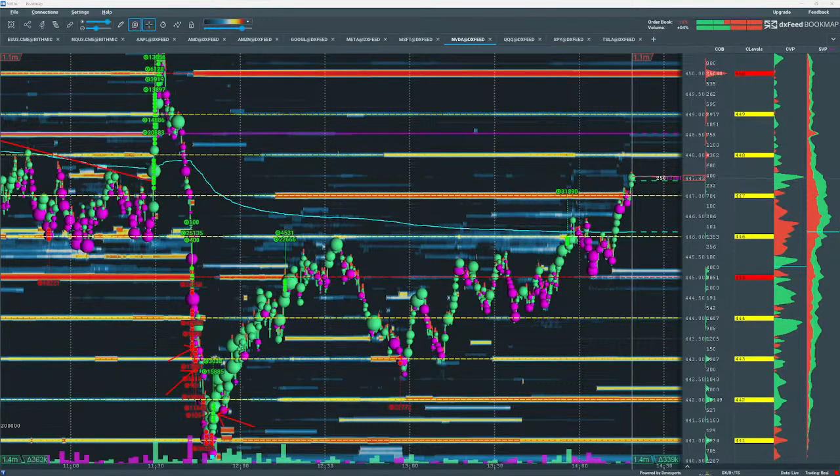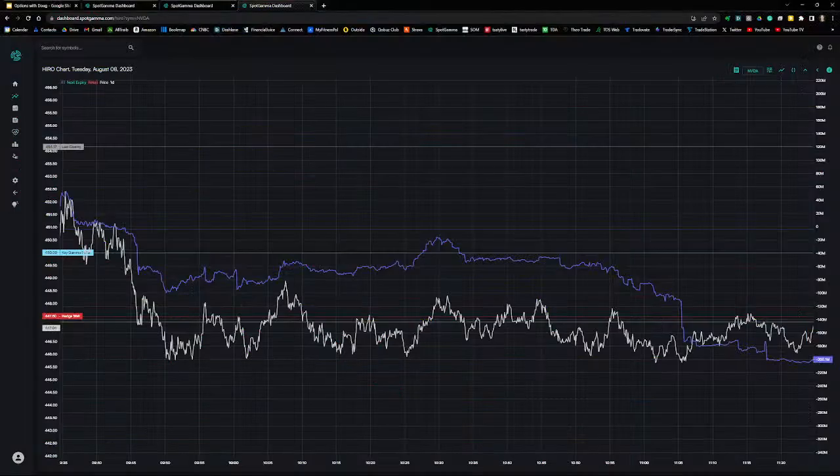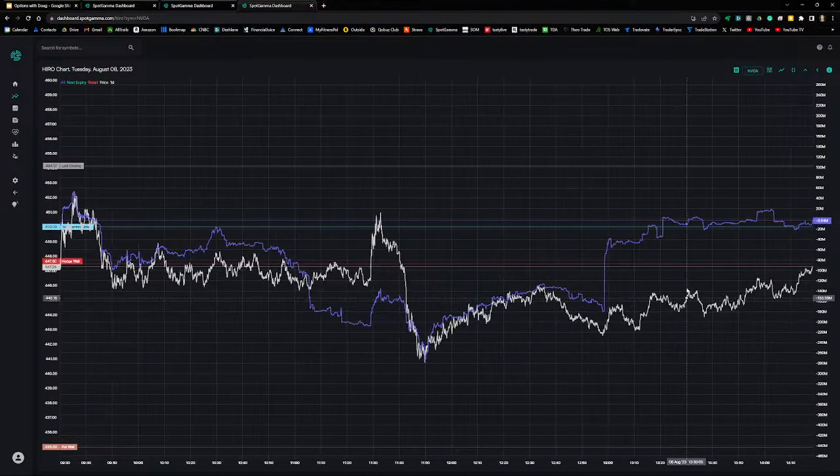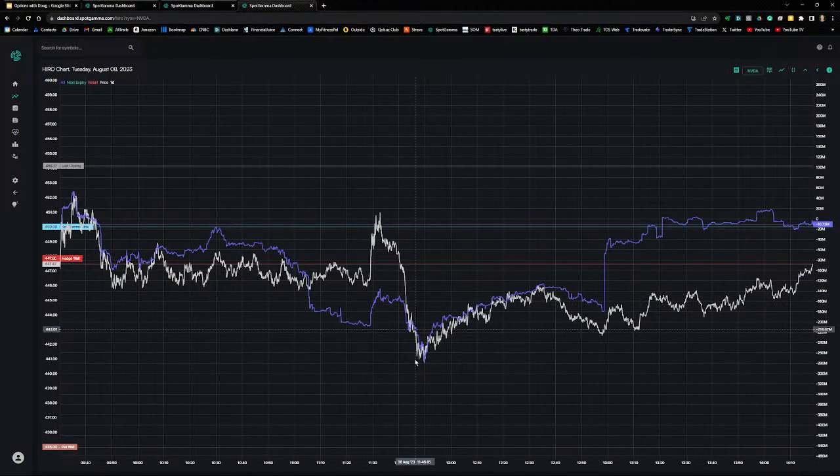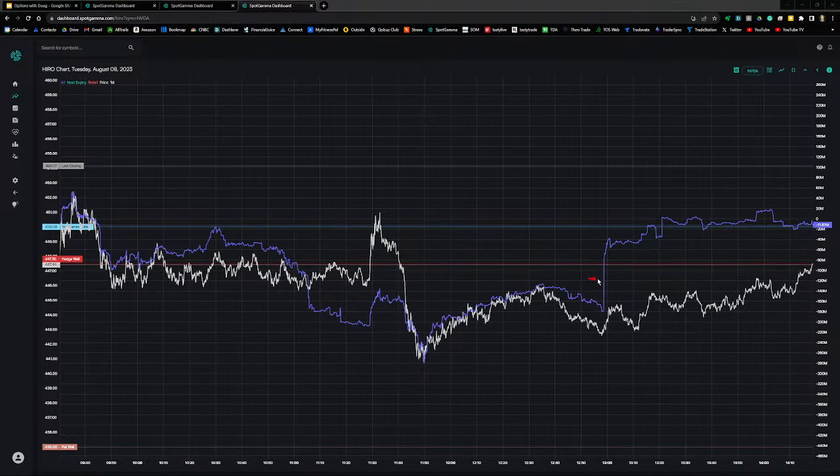So let's go back to Hero. And right around 1150, aggressive options traders started taking positive delta positions, moving price higher. And note again, here's a large block order, institutional order, positive delta. All right, let's take a look at Tesla.